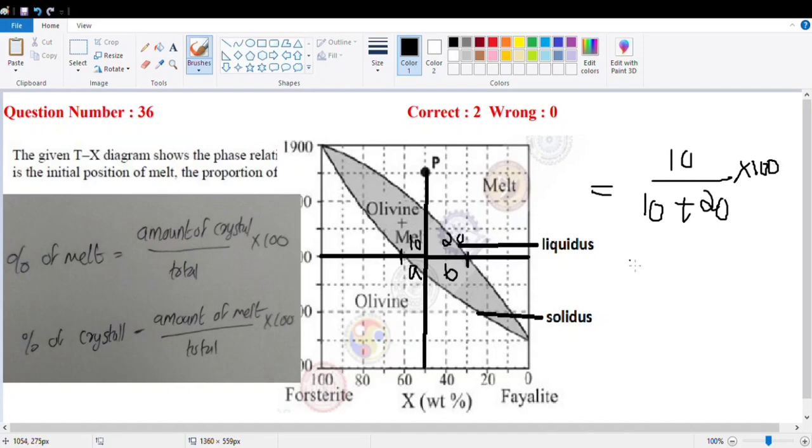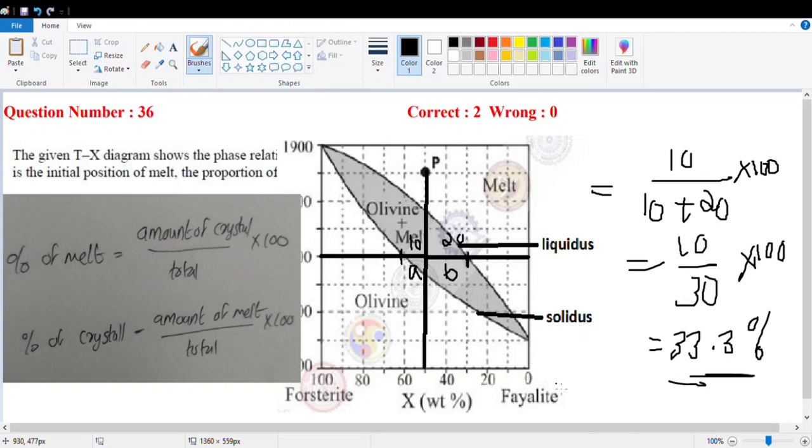That is equal to 10 divided by 30, into 100, and we get a value of 33.3. So the answer is 33.3%. The proportion of the melt is 33.3%. Okay, thank you.